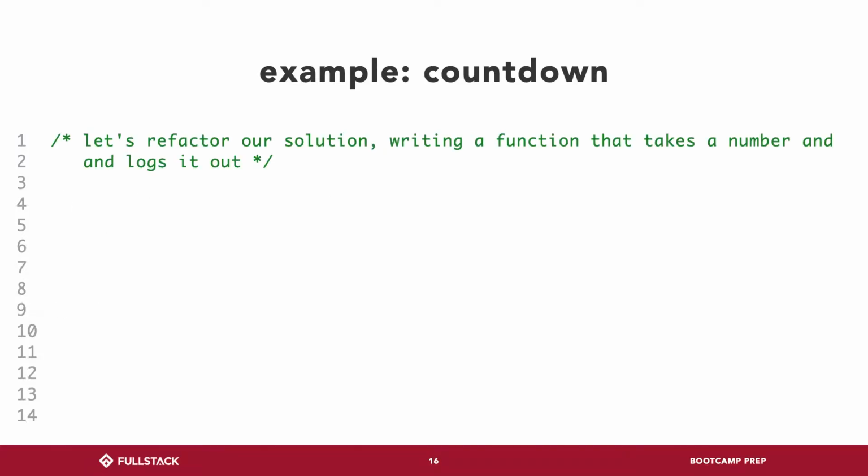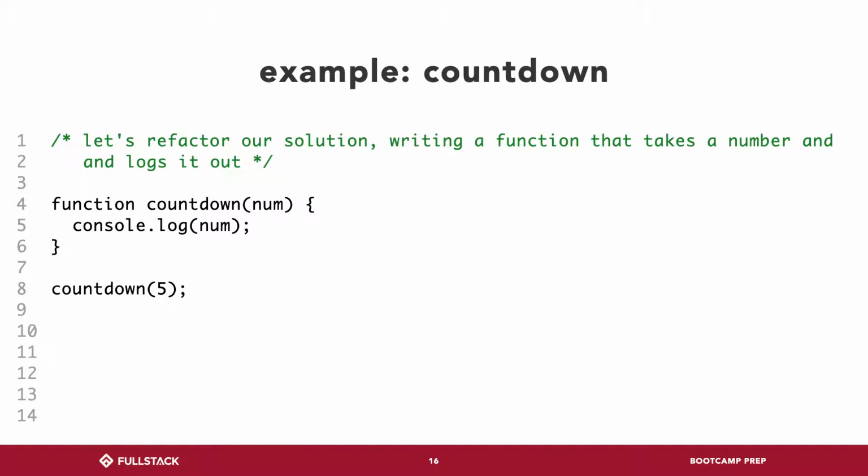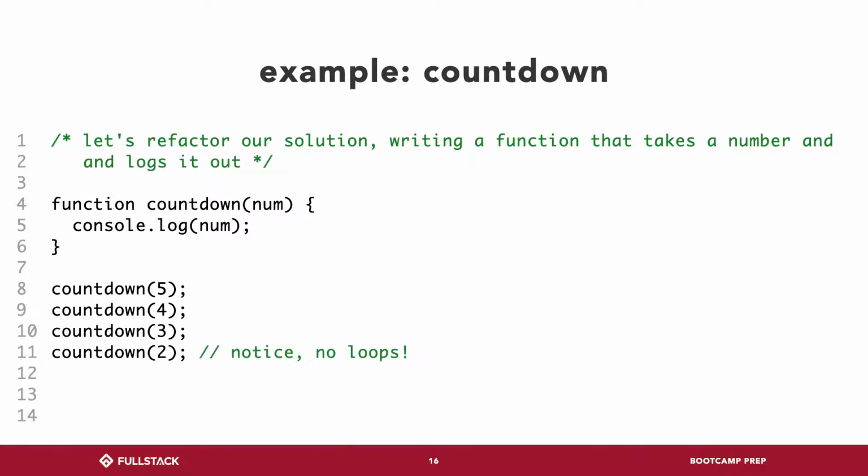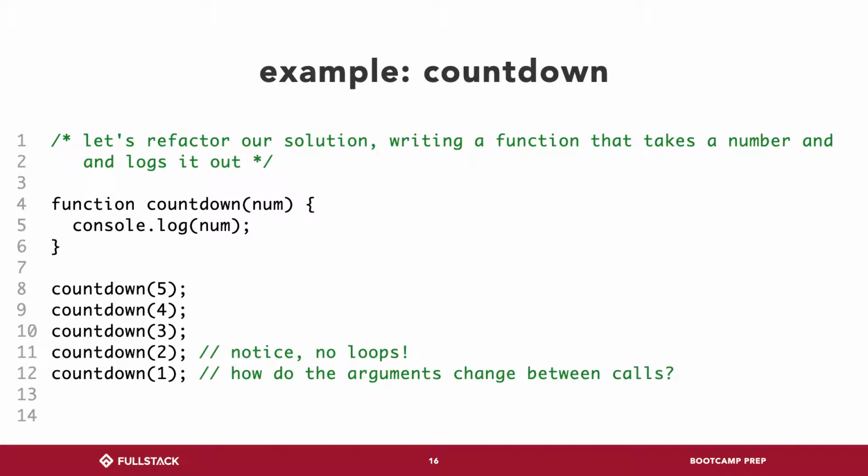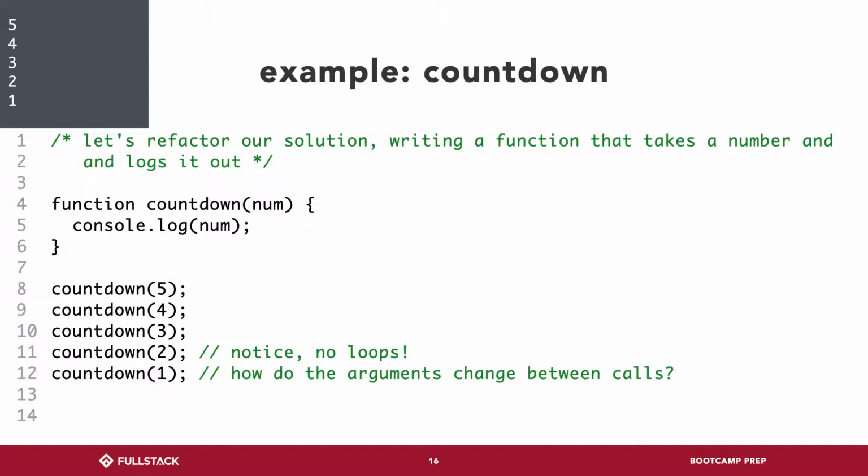So, let's make it more complicated and use recursion. If we do this, we can just say countdown 5, countdown 4, countdown 3, countdown 2, countdown 1. And we're not using loops, right? We can do this, but this is not programmatic. This means we have to call this function, and as humans make 5 one less every time, right?